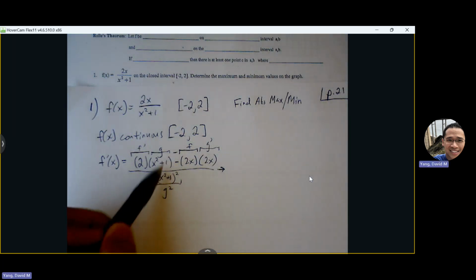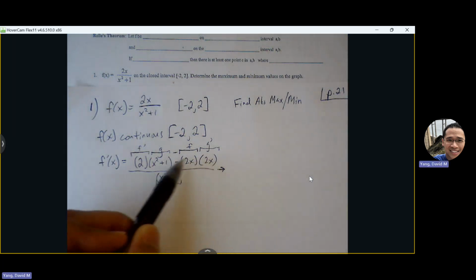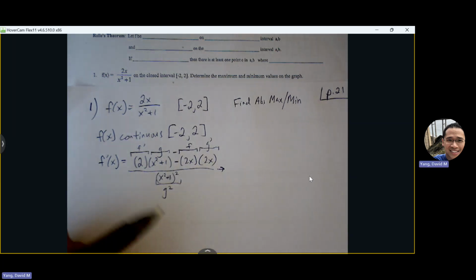Again, with quotient rule, we don't cancel anything out, right? We have to spend the time to just focus on our numerator here.